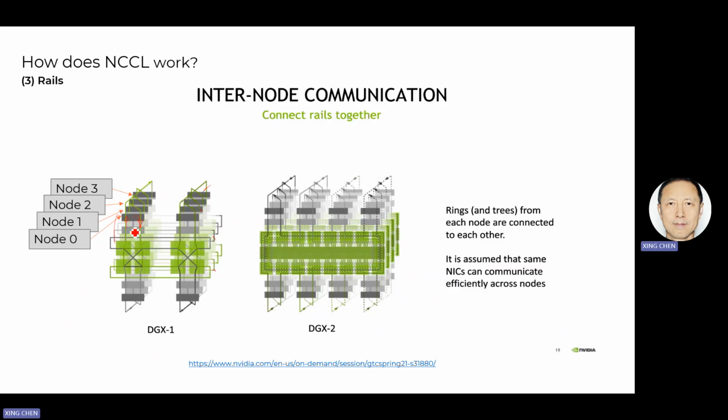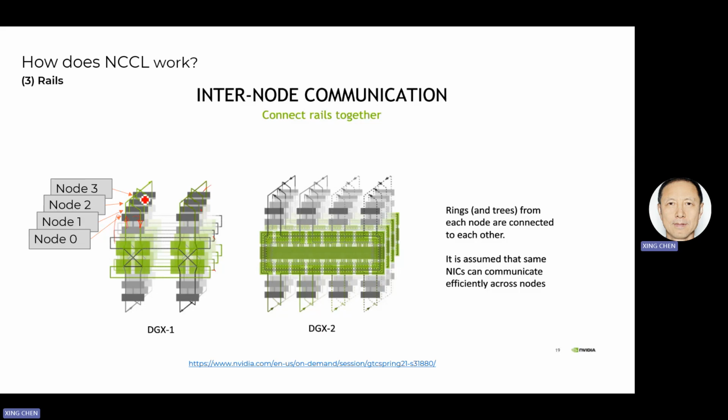If you think about this, it's like a chain. It's already a ring per node, and you are going to connect the rings together. The input connects to the output of the other, and then you are going to have a big ring.